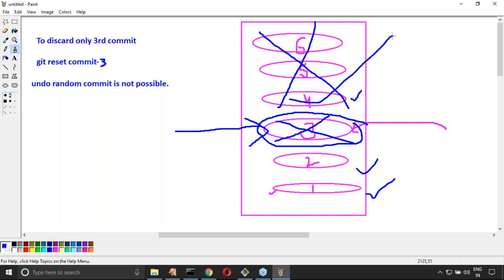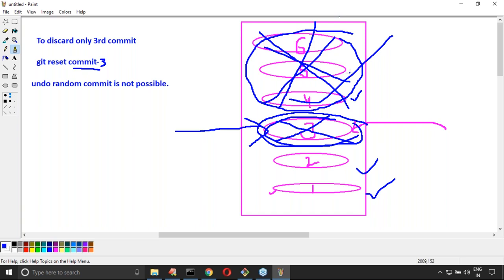So it's always consecutive commits that you can delete, but not a particular commit. It is not possible to delete a particular commit. By mistake, if you provide commit 3 thinking that you want to delete this one, sorry, now this one will become head. All the remaining commits by default will be removed.